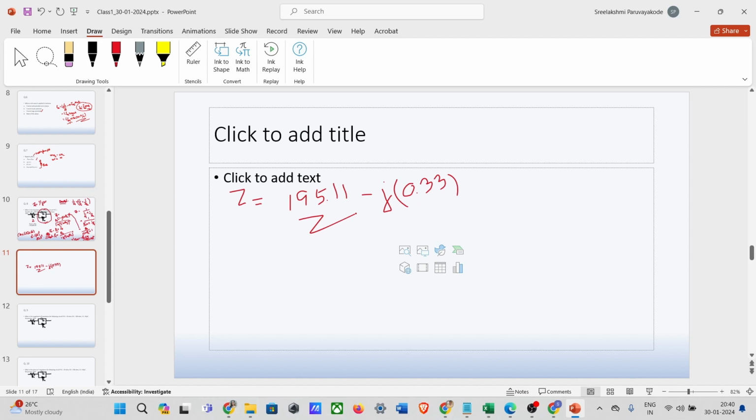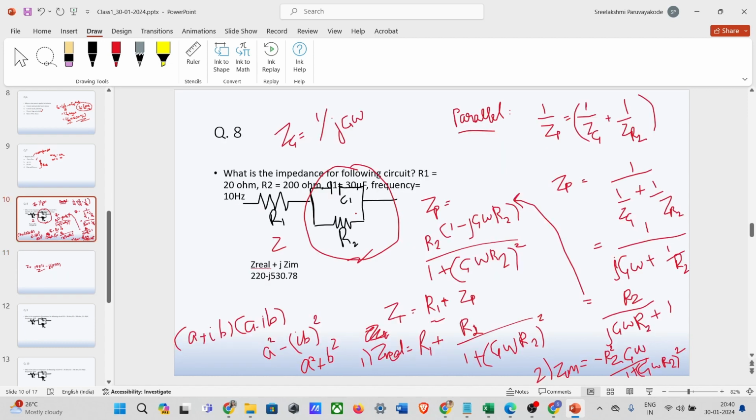So at the denominator it is 200 square into 30 into 10 to the power minus 6, right? 200 square into, 3 into 10 to the power minus 5 and 62.836.